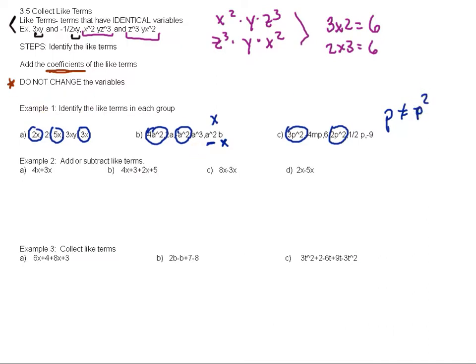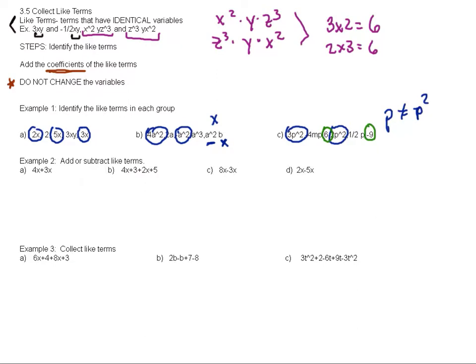Those are two completely different terms. Those are two different variables. One has the exponent 1 on it, the other one has the exponent 2 on it. So do not think that those are like terms. We also have a 6 and a negative 9, which are just numbers. So we know, even from grade 2, that we can add numbers, no problem.